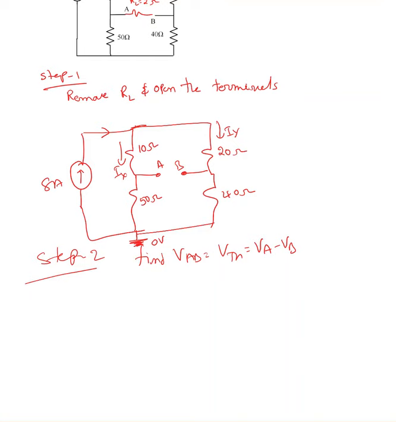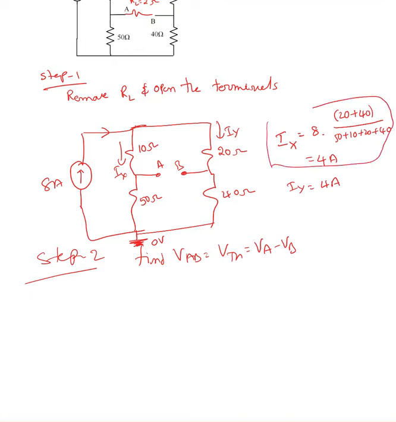But for simplification purpose, to understand it better, I'm going to use the current division rule. So IX equal to total current multiplied by opposite resistance over total resistance. So total is 50 plus 10 plus 20 plus 40. So you will end up with Ix equal to 4 ampere. You can say Iy is also 4 ampere by using the same principle.